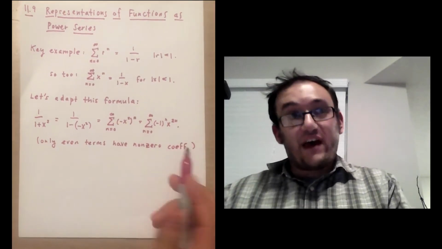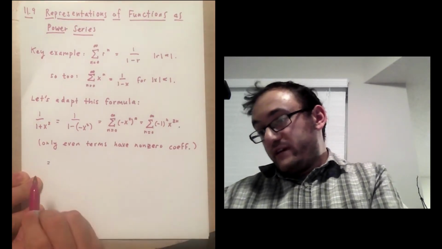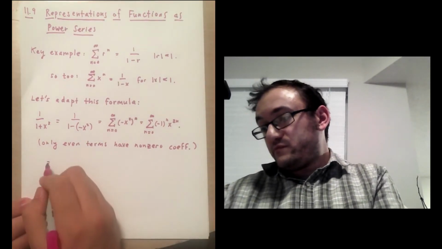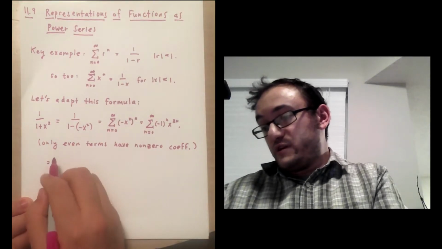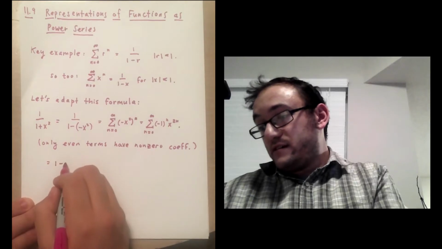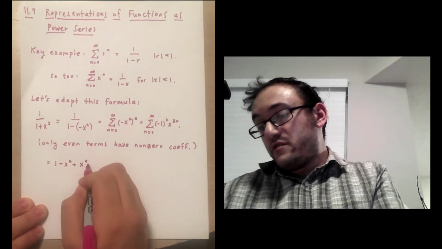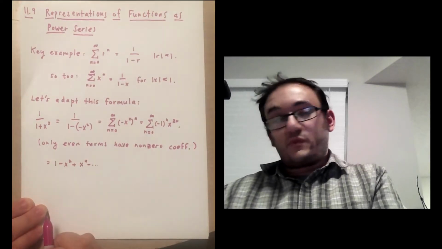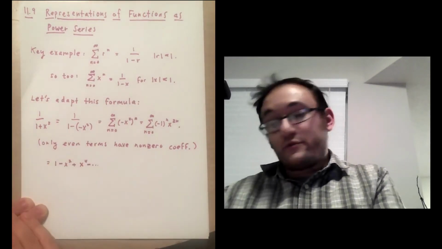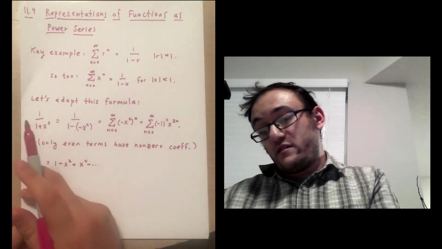So here you're not going to have x or x cubed. Okay, if you want, we can write out a few terms. The n equals 0 term will just be 1. Then the next term will be minus x squared. The next term will be positive x to the 4th, etc. Okay, so we have that alternation and skipping powers. And that's the power series for 1 over 1 plus x squared.